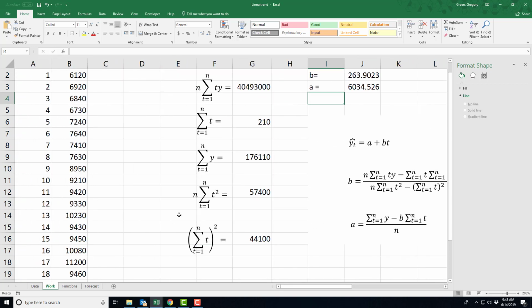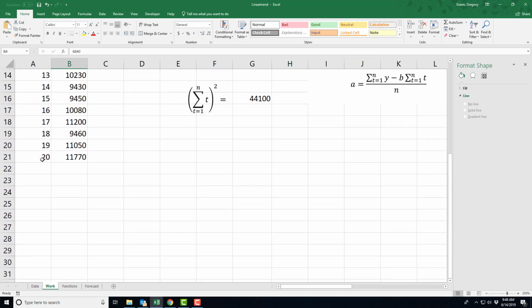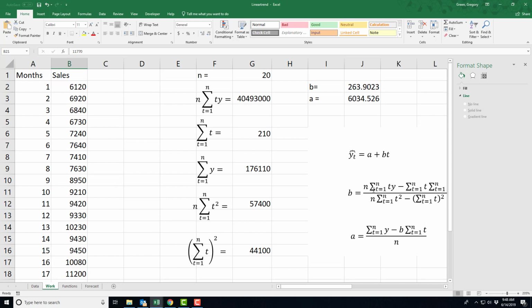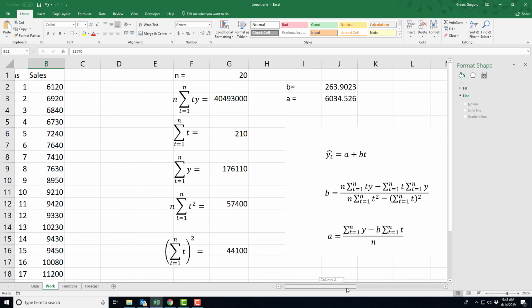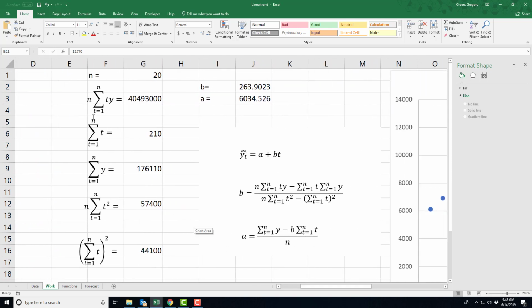So 1 times 6120 plus 2 times 6920 plus 3 times 6840, and I just keep that process going until finally I finish with 20 times 11770. I add all that up, I multiply by n. Or as set up here, I put it here, and I'll show you how to do this in just a minute, how to get that number.